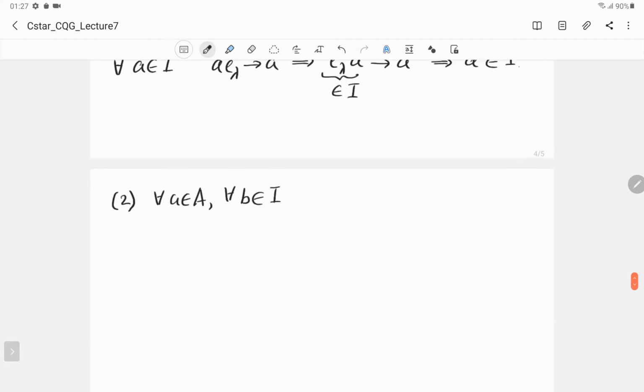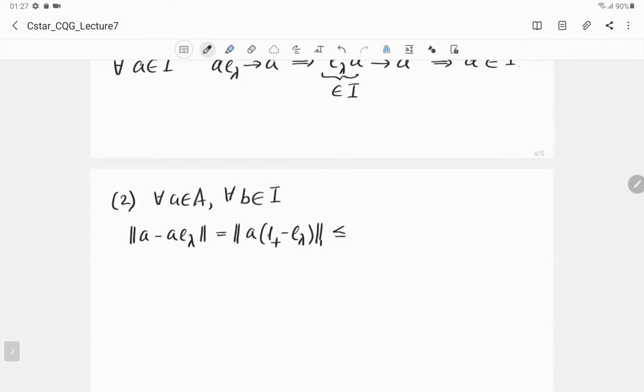And we observe that A minus A e_lambda, so first of all, this is A multiplied by 1 minus e_lambda. And we can evaluate this as follows.